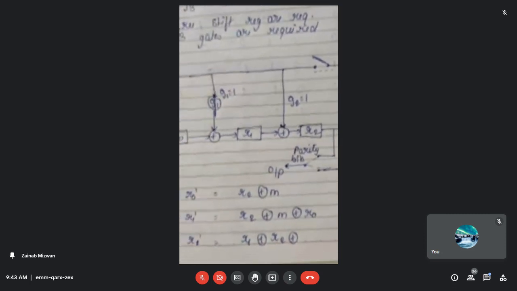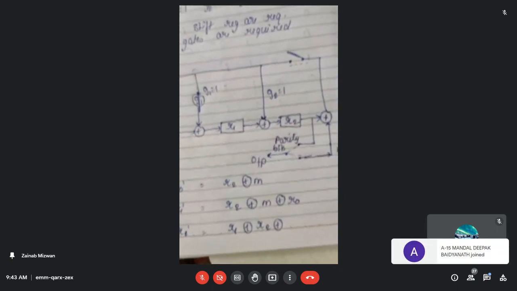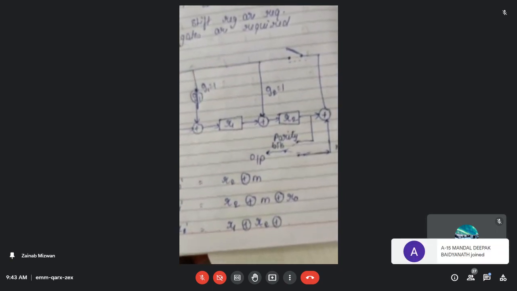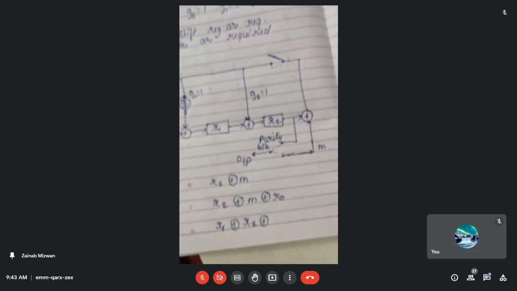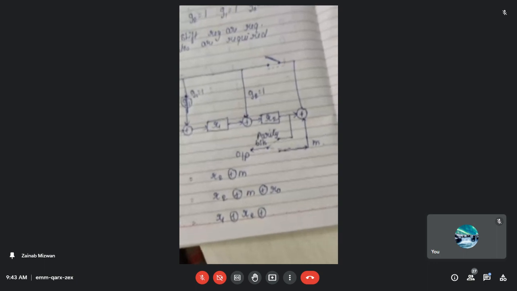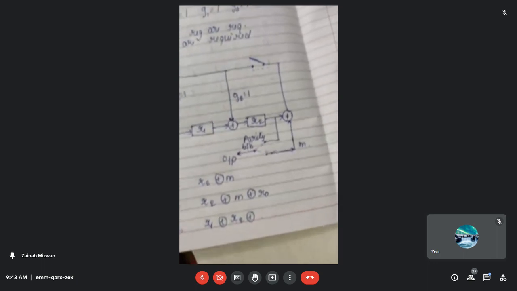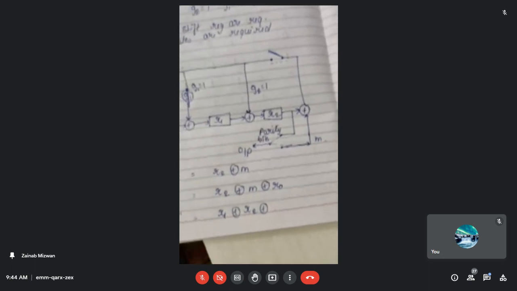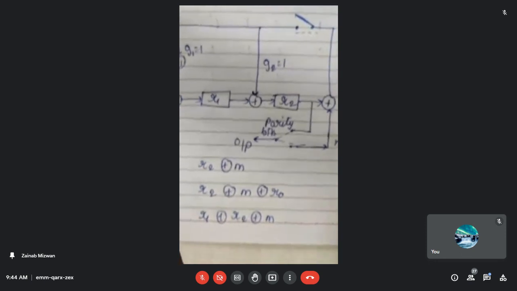Let us think once more and tell me. Who will give me the correct answer? Should I write R1 XOR R2 XOR M, or R1 XOR M?